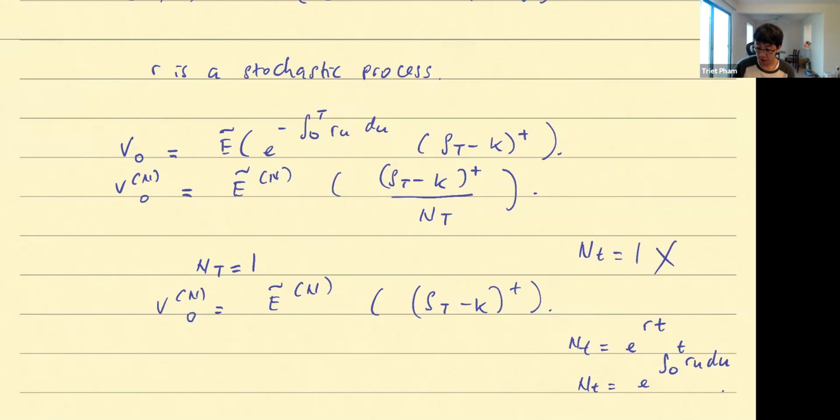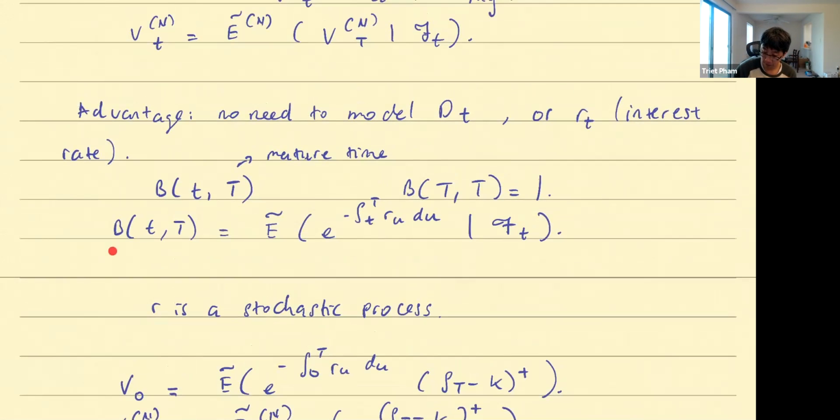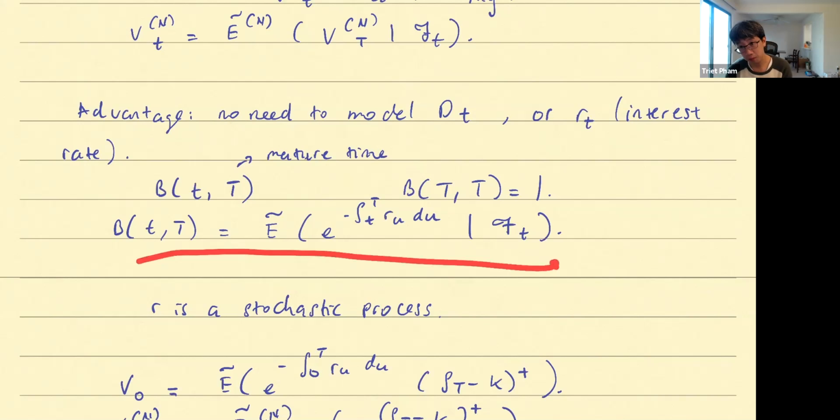All right, let me save the suspense. It's exactly this guy right here, the bond. The bond is a fair price process because one share of the bond in the future, as long as you don't go beyond expiration, is exactly worth one share of the bond today. Do you agree? The pricing equation says so too.